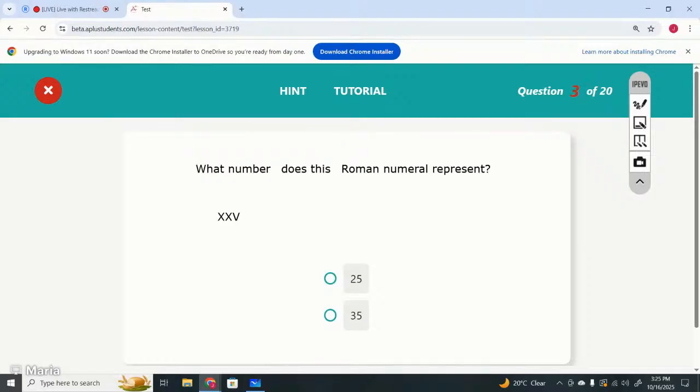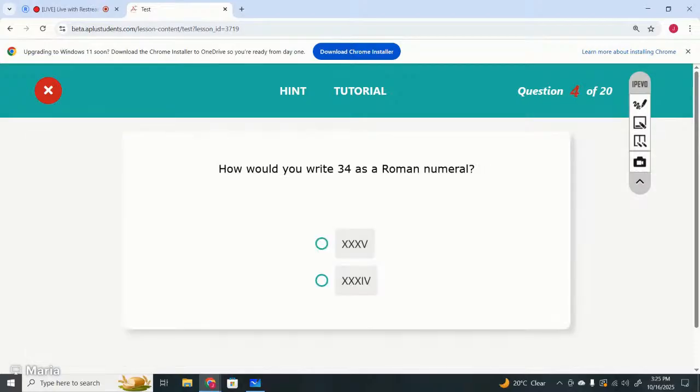What number does this Roman numeral represent? 10 and 10, 20, and V, 25. Option number 1 is the correct option.